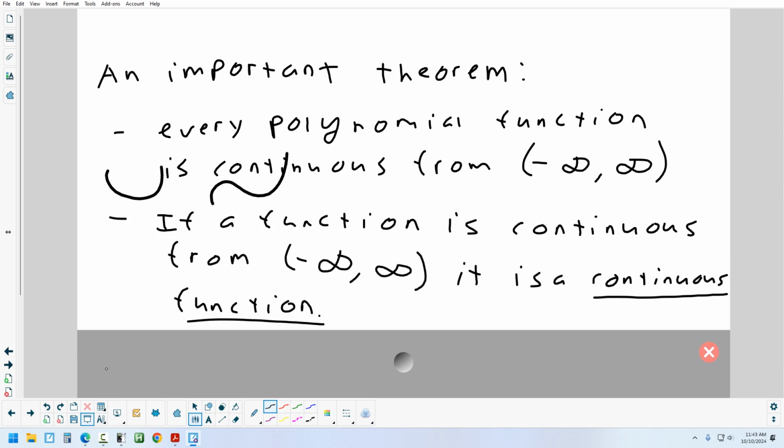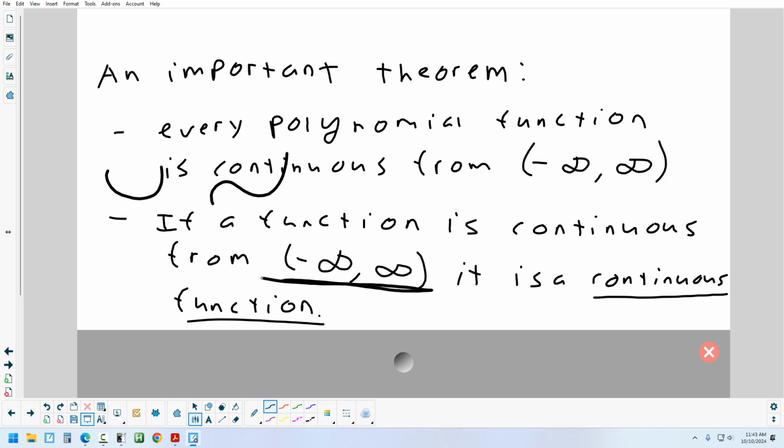And if something is continuous absolutely everywhere, not just a small section, I mean, all of it is continuous, that's called a continuous function. So polynomials are continuous functions because you never have to lift your pencil to draw them, ever.